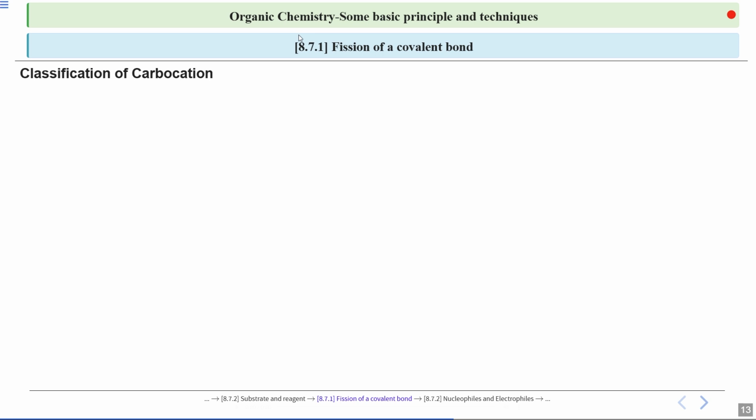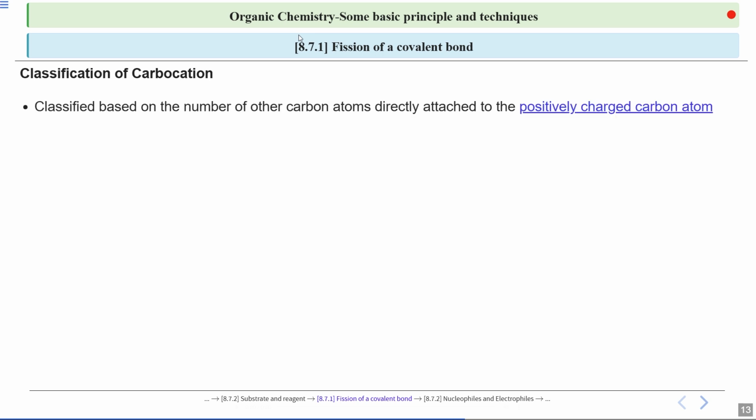Now, your carbocation can also be classified further. You know it very well that radicals were classified on the basis of carbons attached to the radical species. Similarly, the number of carbons attached to this positive charge containing carbon is the deciding factor.